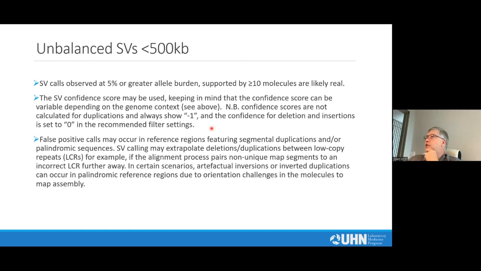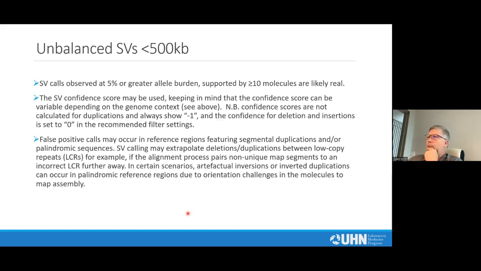And then the confidence for deletions and insertions is also set to 0 in the recommended filter settings. So for most of these, you're seeing everything that the software is calling. The software is really quite confident at calling these types of events, whereas the interchromosomal stuff is a little bit more complicated.